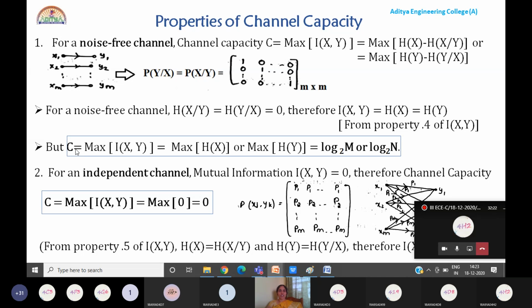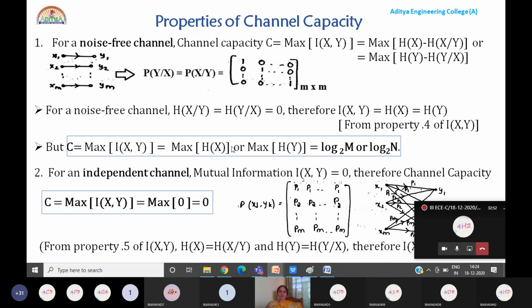So what is the definition of channel capacity? The maximum of I(X;Y). It is equal to the maximum of H(X) or the maximum of H(Y). The maximum of H(X) is log m base 2 and the maximum of H(Y) is log n base 2. So C is equal to the maximum of either H(X) or H(Y).